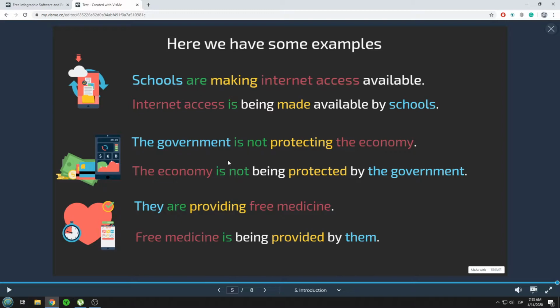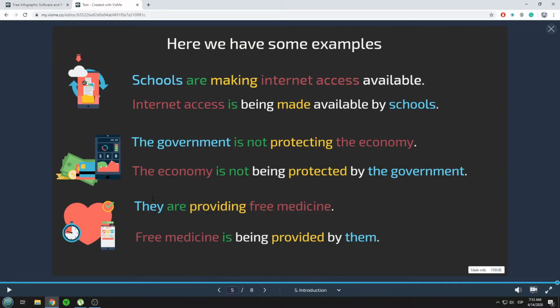The economy is not being protected, the past participle of this verb, by the government. We always put being right after the verb to be in the passive sentence.